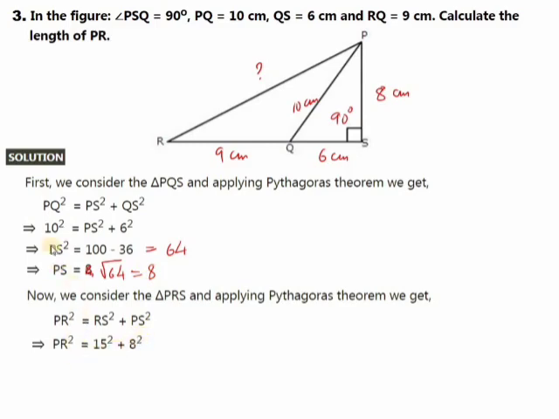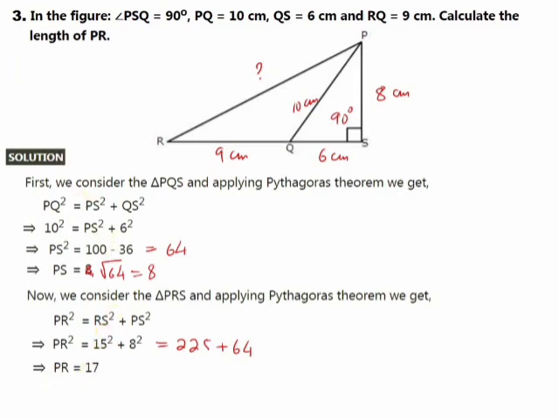Simplify this: 225 plus 64, and when you add this and find the square root, you get your answer to be 17.